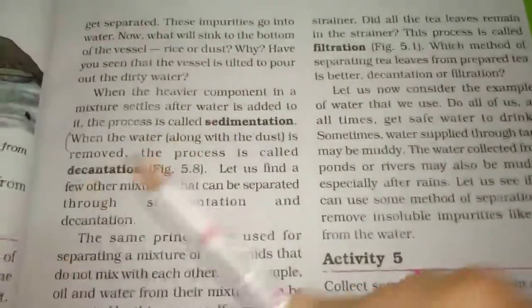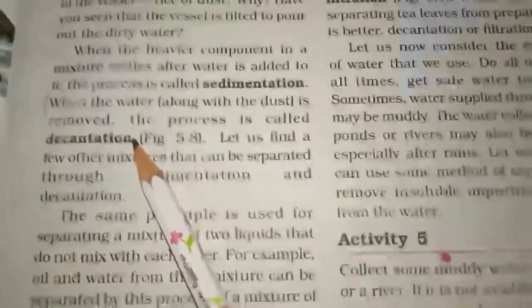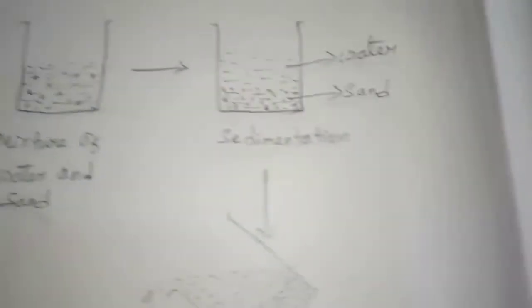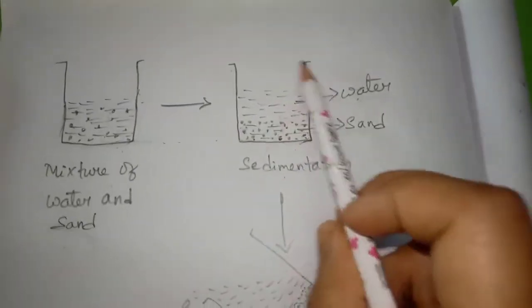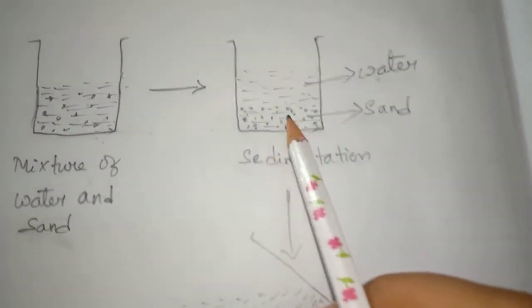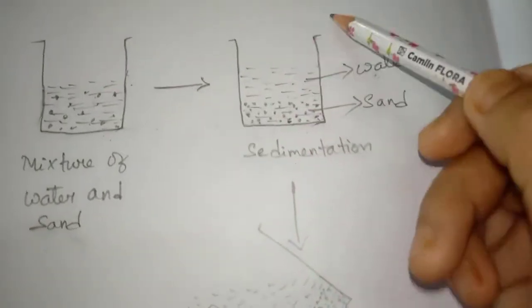The removal of water is called decantation. What we are removing is water. Again let's take a similar example. Here in this glass the sand is already settled down at the bottom, and water is in the upper layer.